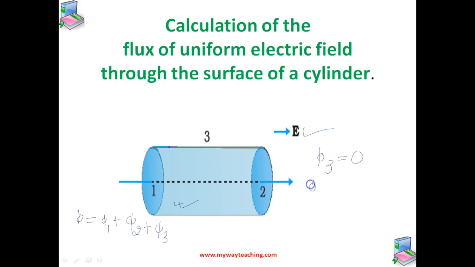So phi 1 is equal to minus E into S1 and phi 2 is equal to E into S2, and S1 is equal to S2 is equal to S. So S is the area of circular cross section. So the total flux is 0.